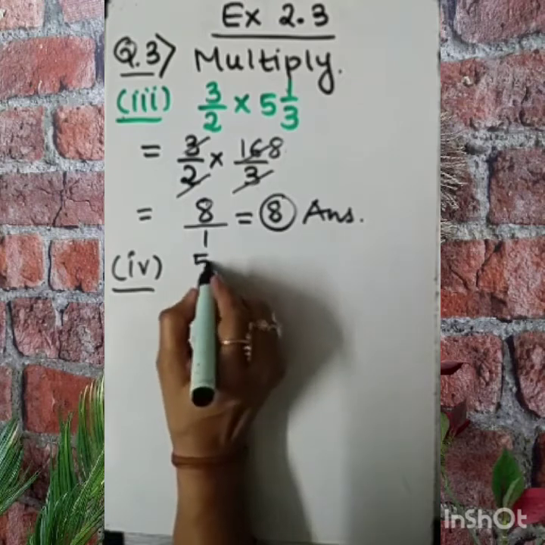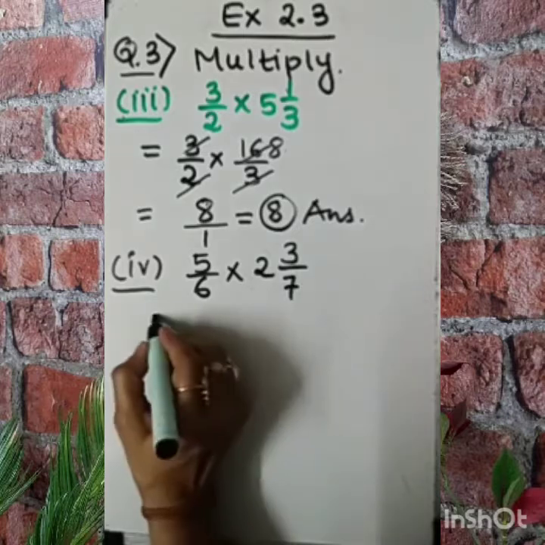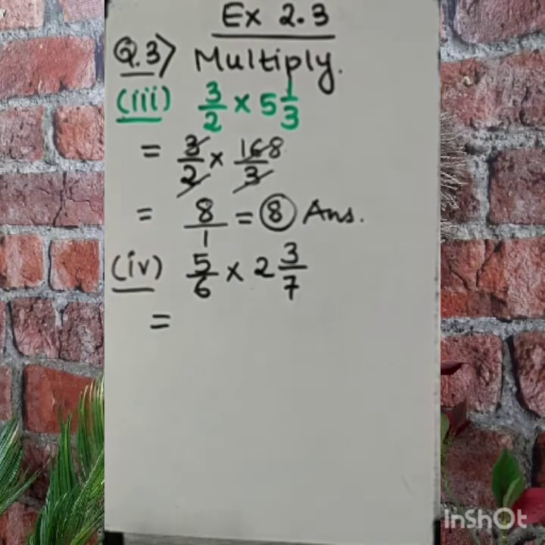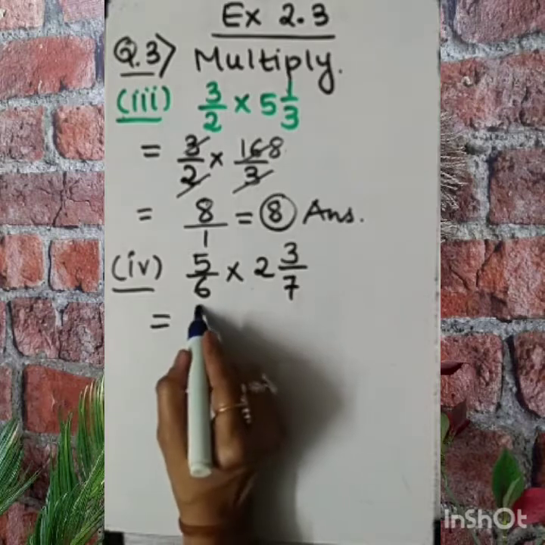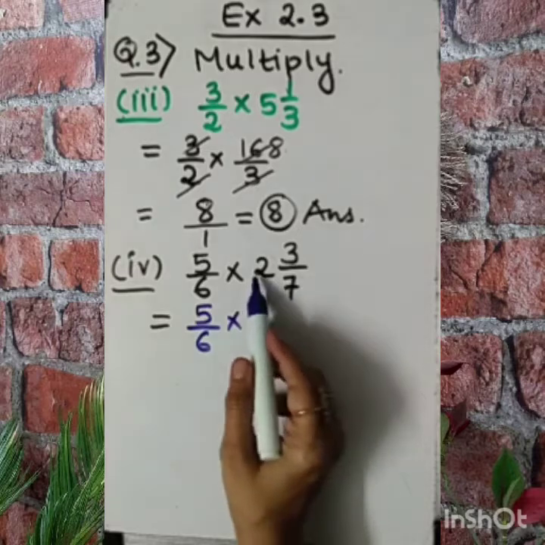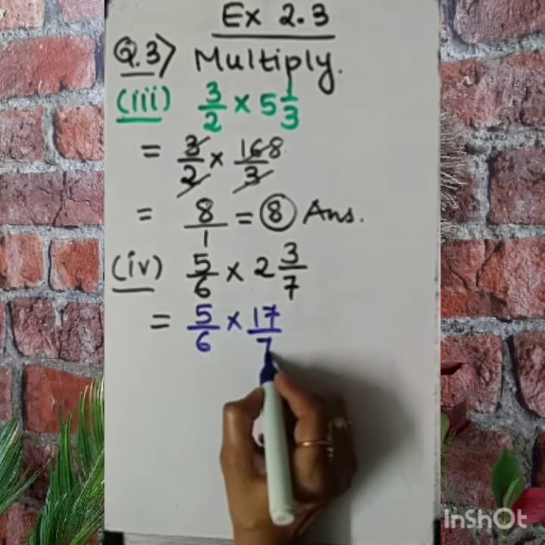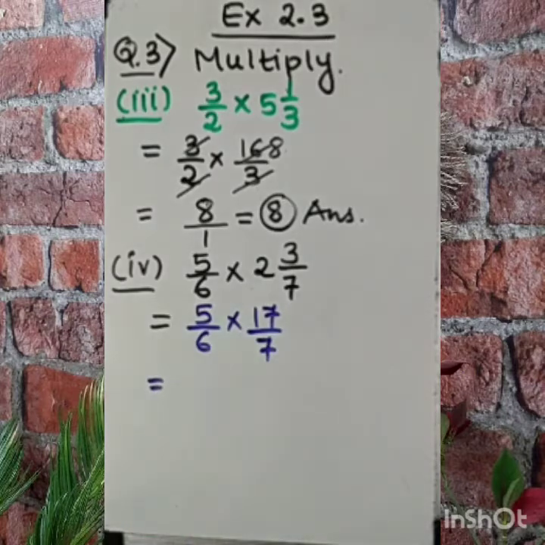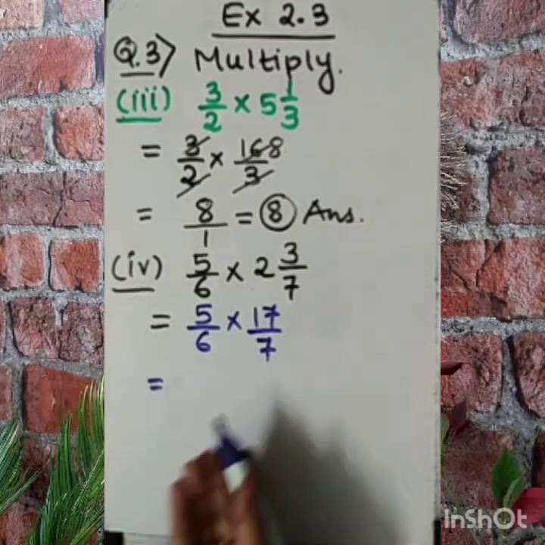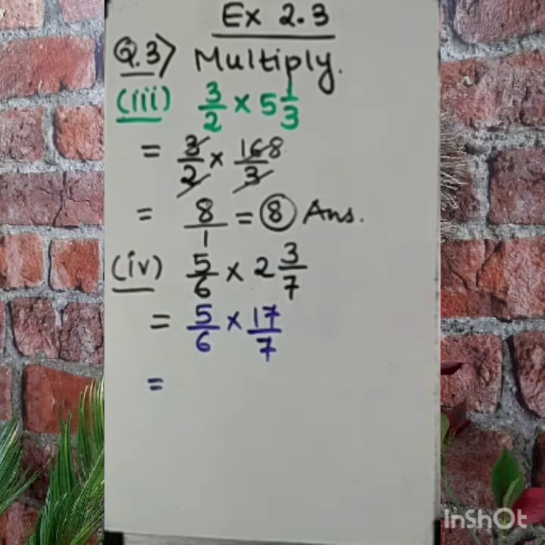Now let's try the fourth the same way. We are given in the fourth 5 by 6 multiplied by 2 3 by 7. Let's try to solve. It will also be easy. First of all, 5 by 6, I am writing it as it is. What about this? We know 7 2s are 14, 14 plus 3, that is 17 by 7. But my dear student, you can see there isn't anything common in that. So what do we have to do?